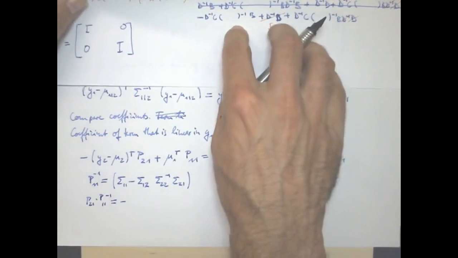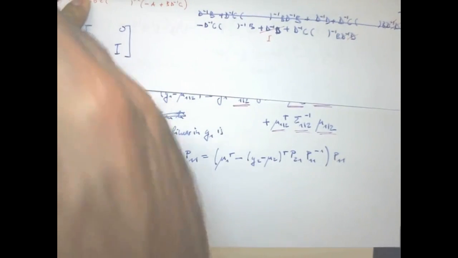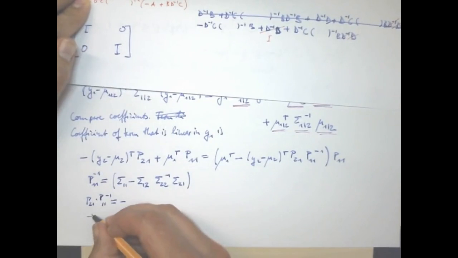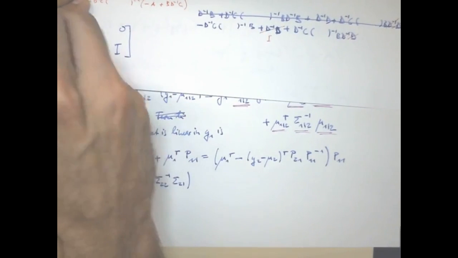And that, if I use the equations from the other slide, I would write as minus f times e to the minus 1 times e to the plus 1, which gives me minus f.